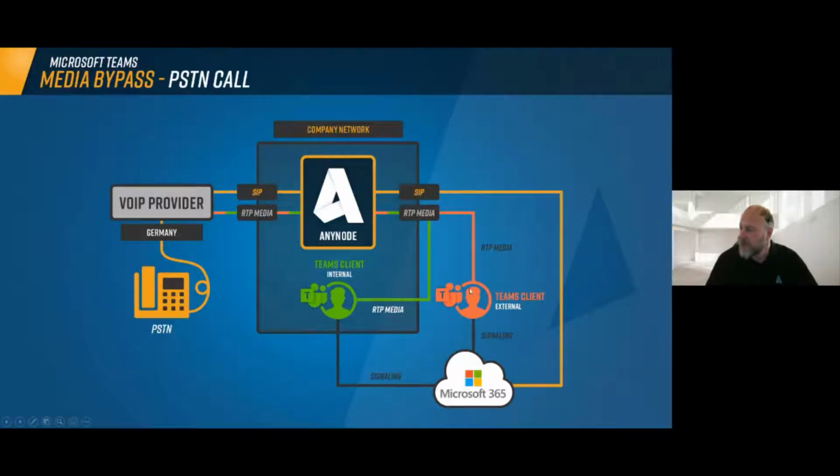If you have external clients, the RTP media data doesn't go to the cloud anymore, but it can directly communicate with the anynode SBC, and then it is forwarded to the VoIP provider. The same with internal clients, but here on media bypass, the media still has to go out of the network and then back into the network again.